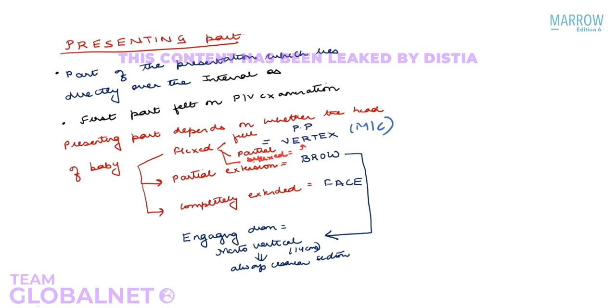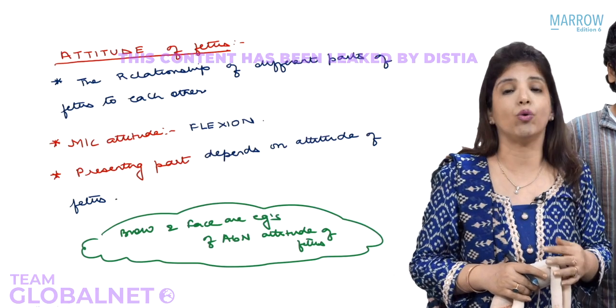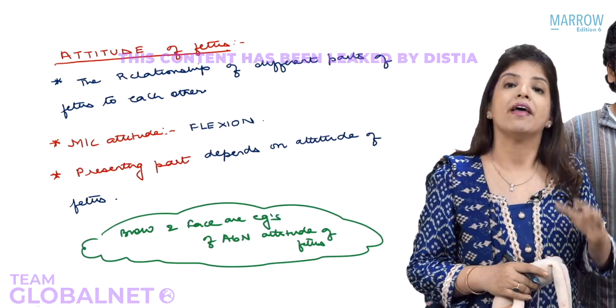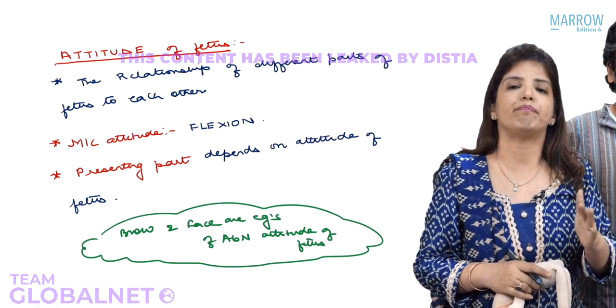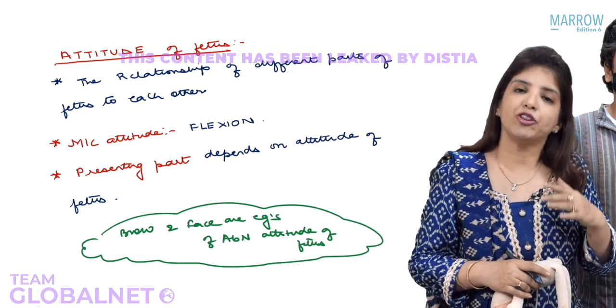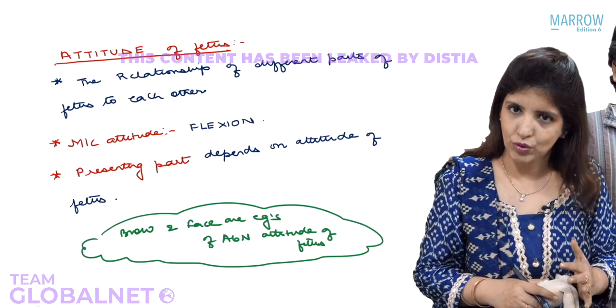Okay. Now, let me introduce one more term to you, and that is attitude of the fetus. Just now I told you what is attitude of the fetus: the relationship between different parts of the fetus. The most common attitude is that of flexion, right?